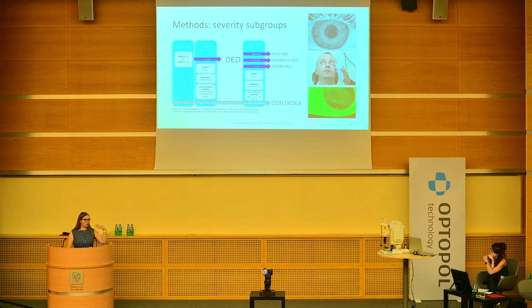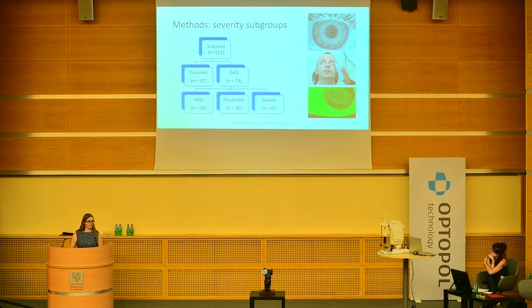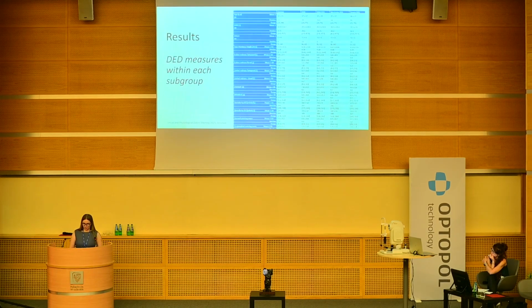So the more of these markers the patient had, the more severe the disease was. And it divided our subjects into mild, moderate, and severe version of the disease. The severe subjects were usually the ones with something which is called the Sjogren syndrome, which causes the lack of aqueous tears in the tear film.